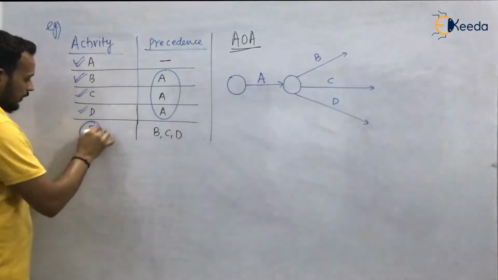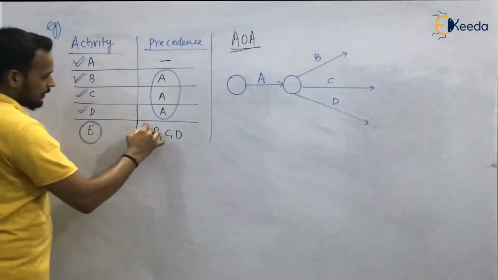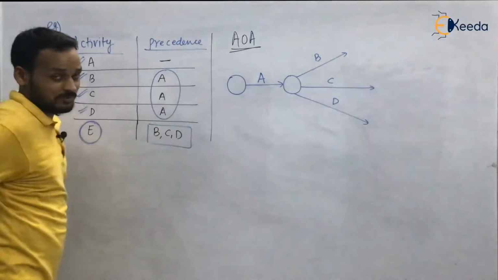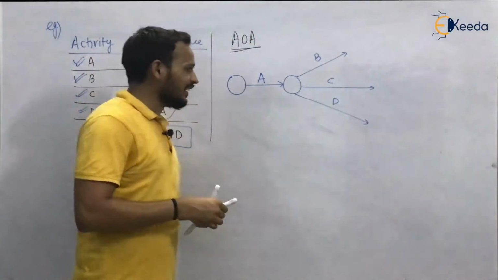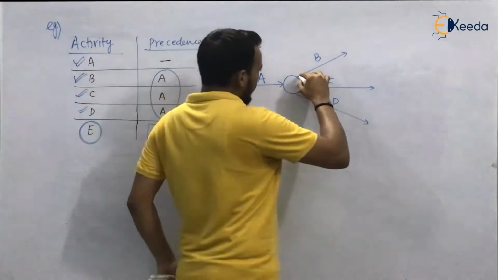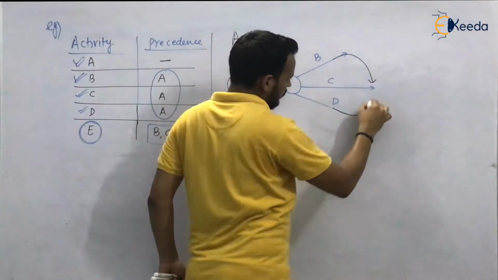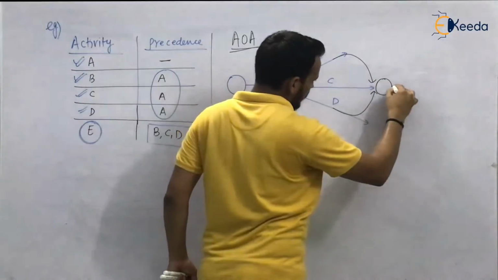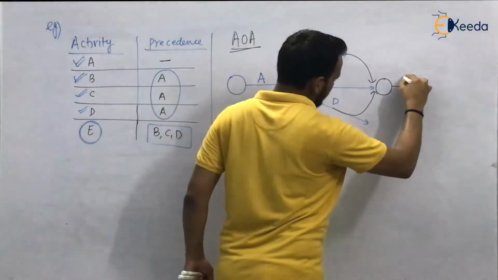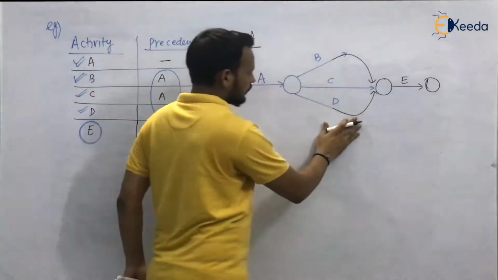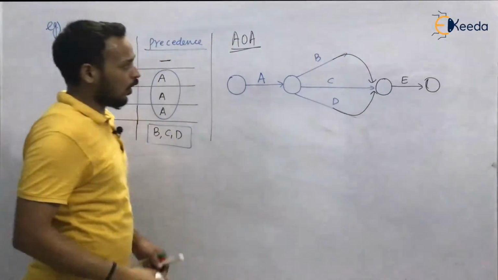Now look at E. For E, the precedence is all three: B, C, and D. It means you have to match these all three.